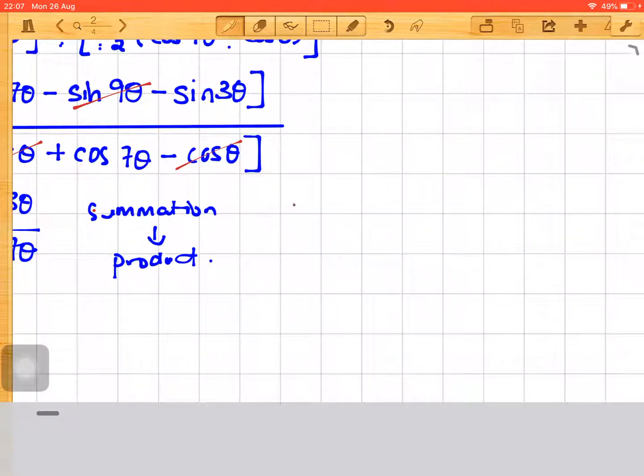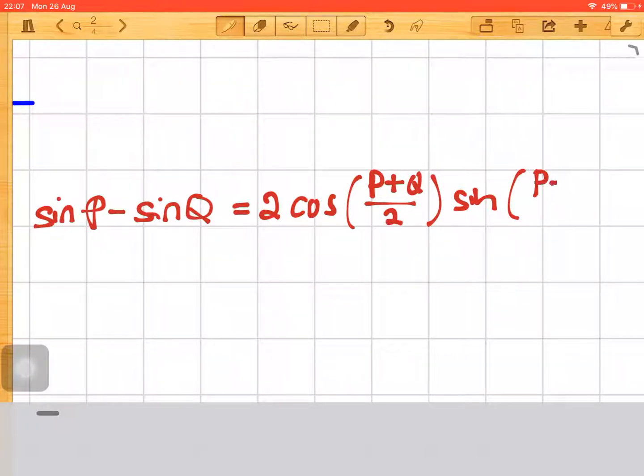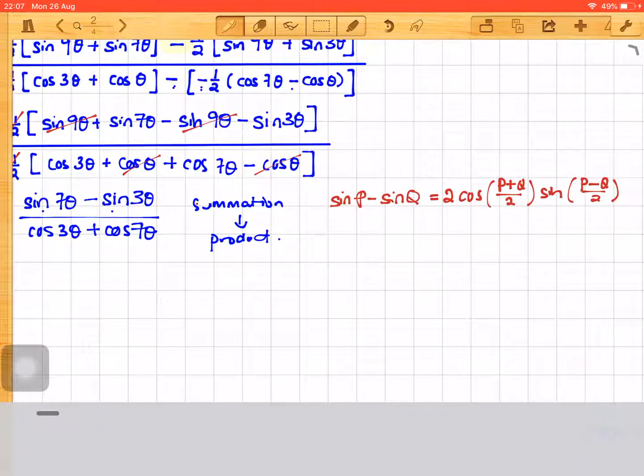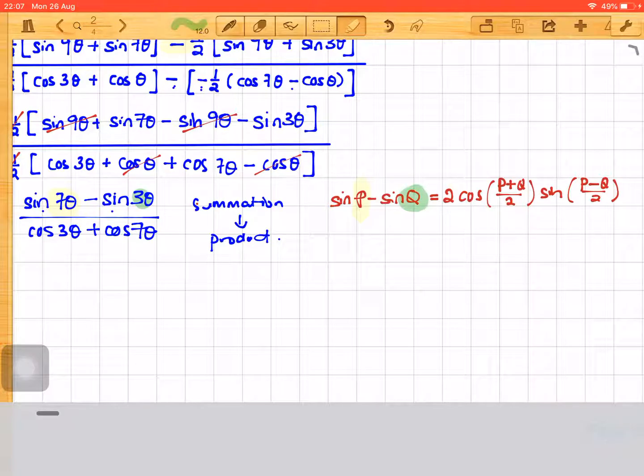Sine P minus sine Q equals 2 cos (P plus Q) over 2 and sine (P minus Q) over 2. This is a factor formula. If you can compare correctly right now, your P is 7 theta, and your Q is 3 theta. So you're going to put it back into the formula right here.